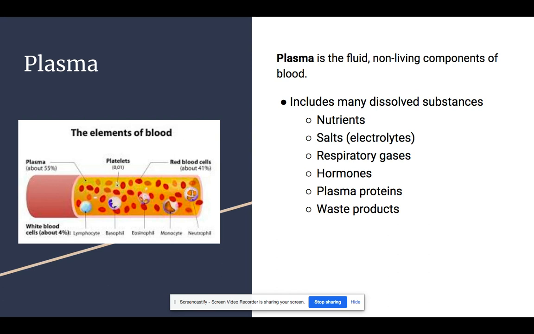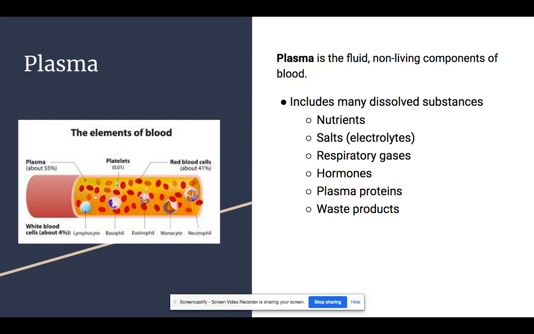So a few things that it dissolves are nutrients, salts, like electrolytes, sodium, calcium, the stuff you think of when you drink Gatorade, right? Those are electrolytes. Respiratory gases. So there's going to be a little bit of oxygen and carbon dioxide dissolved in the plasma. Most of it's on the red blood cells, but some of them are dissolved into the plasma as well. Hormones, plasma proteins, and we're going to talk about those in a little bit, as well as waste products.